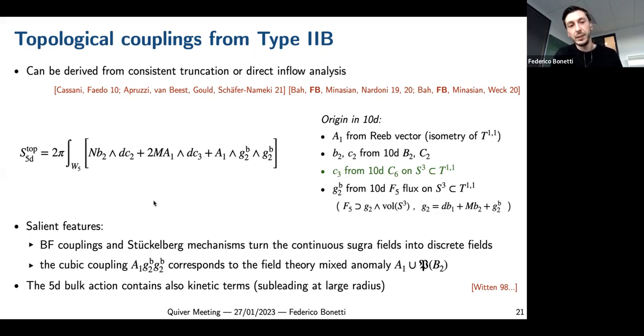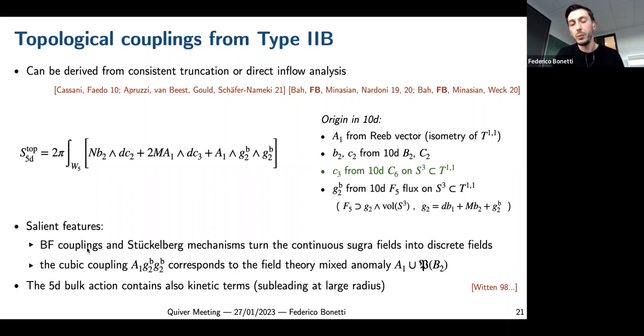What are the salient features that we see in these couplings? Well, for instance, the first 2 are BF couplings, very similar to the ones we have seen in the AdS5 times S5 example. And indeed, what we observe is that a combination of BF couplings and Stuckelberg couplings is what's responsible for turning the continuous fields of supergravity into discrete fields.